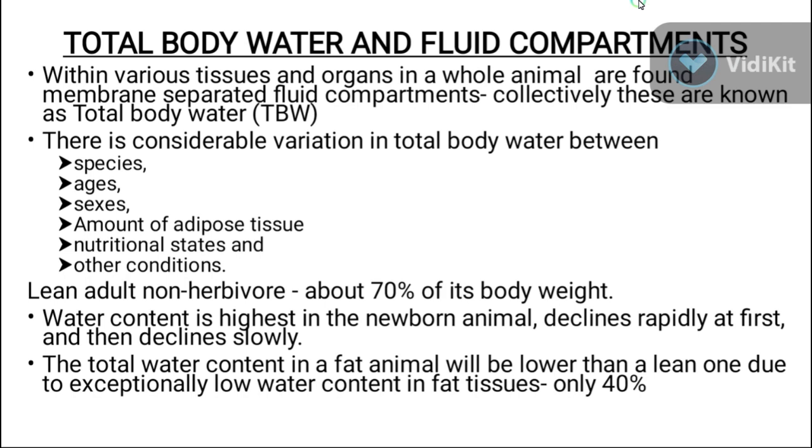Water content is highest in the newborn animal, declines rapidly at first, and then declines slowly. The total water content in a fat animal will be lower than in a lean one due to the exceptionally low water content in fat tissues, only 40%.